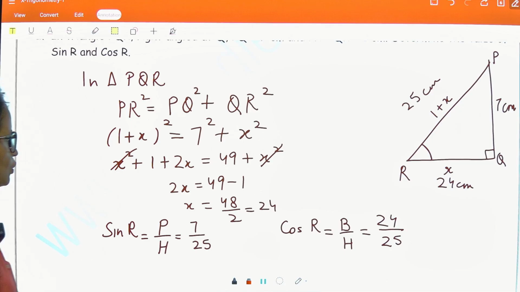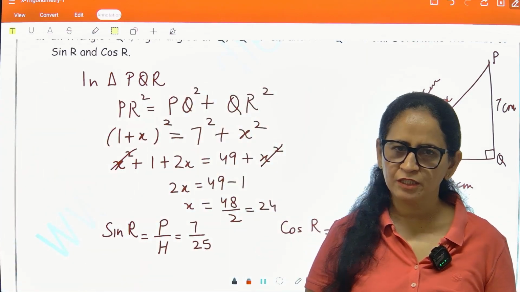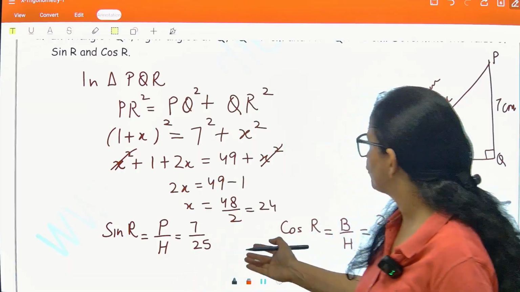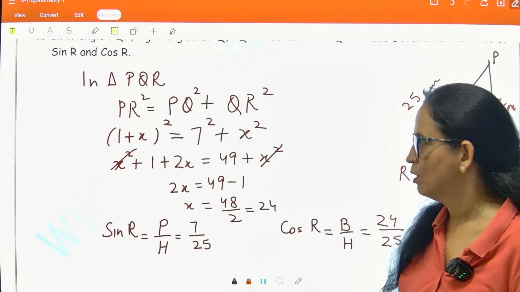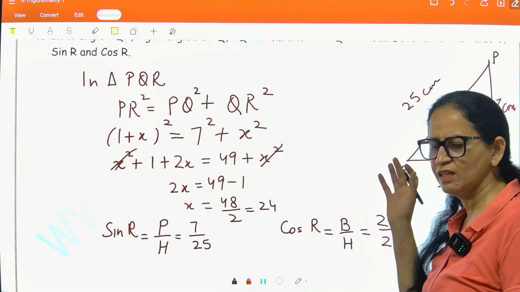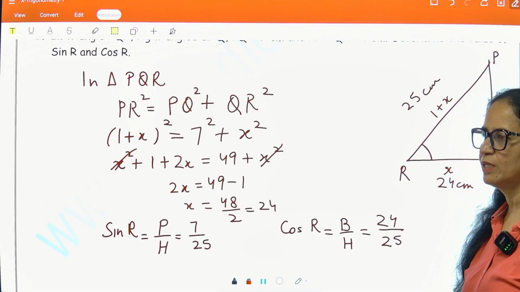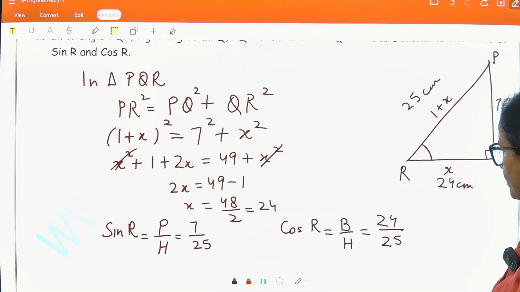Wonderful. So we have seen how the trigonometric ratios are related to each other. In this question, if you want to find tan R, you can do that also. If you want to find cot R, cosec R, any of the ratios using this angle R, you can find any of them once you know all the three sides of the triangle, and that you can easily do using Pythagoras theorem.